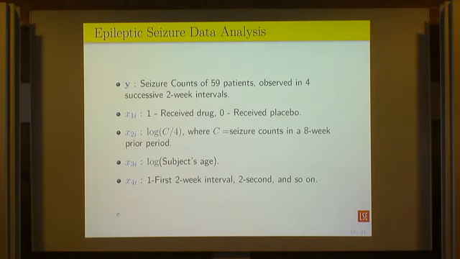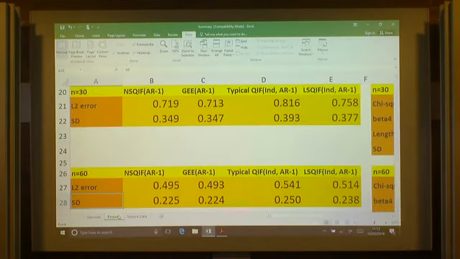So this is a very important covariate, and we also include age and the time interval in the observation. We want to see which covariates are important, and in particular is X1 important.